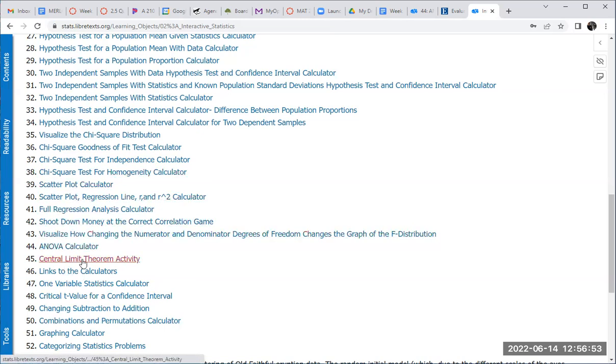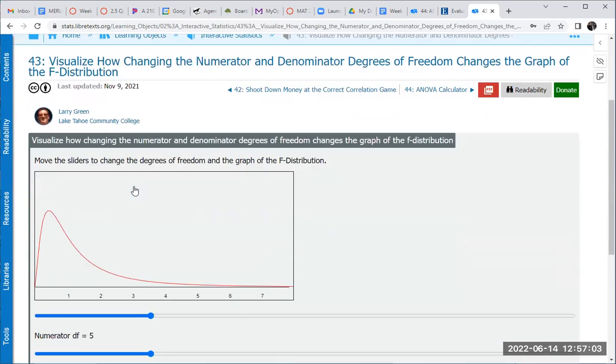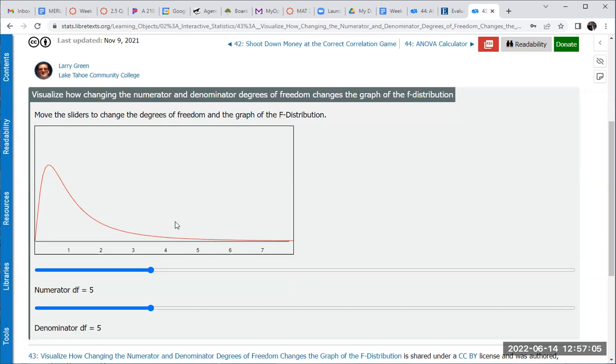Sorry if I don't have it immediately. There we go. So here's the F distribution. Does it look like a normal distribution? No, it doesn't. It turns out there's two sets of degrees of freedom. It has to do with sample size stuff. I'm not going to get into it.